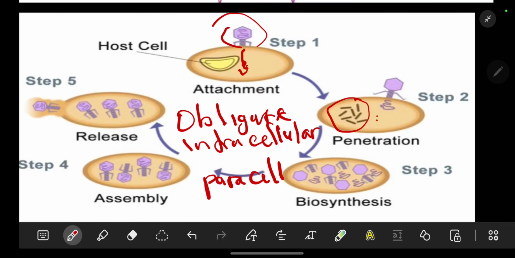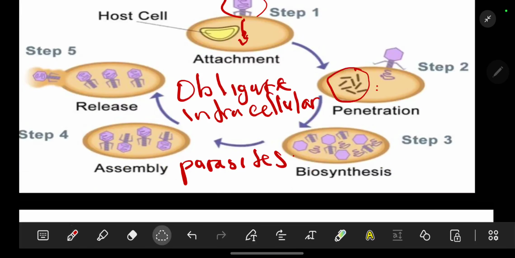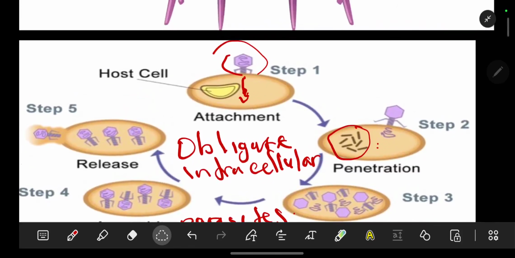It simply means that they depend on the host cell for reproduction. Even as you can see, when they enter, that is when they are able to reproduce. We are going to look at the cycle later in another video. Here we are just introducing.